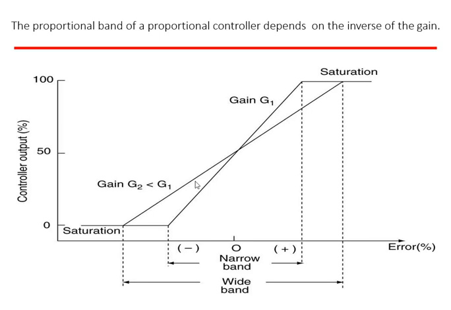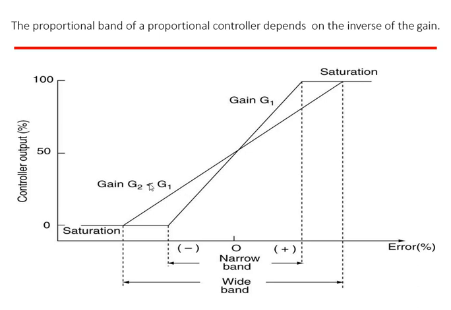Now another important thing is the relation between the gain and the proportional band. The proportional band of a proportional controller depends on the inverse of the gain, so there is an inverse relation. From this diagram we can conclude that suppose this is the gain G1. This controller band is narrow, so the gain of this proportional controller is G1, and this wide band proportional controller, which has a slope like this, has some gain G2.